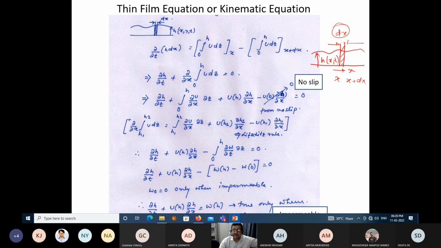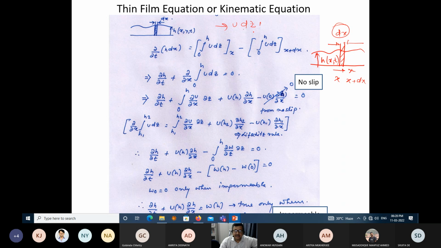What is the mass that is coming in at x? It is u, the velocity, times dz, the height, u into dz, and I'm considering the dimension perpendicular to the plane of the paper to be 1. So this is meter per second, this is meter, and this is also meter. So this is meter cube per second. This is the volumetric flow rate. Density I ignore; rho is always there.